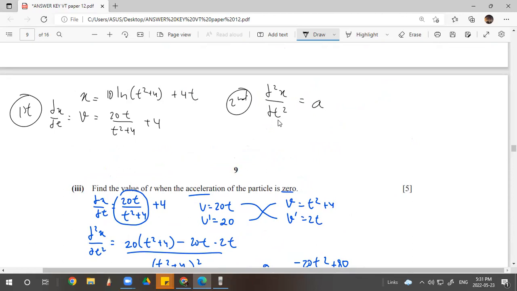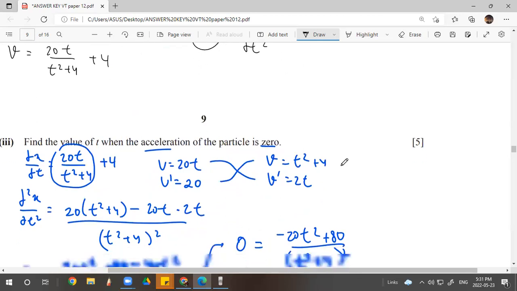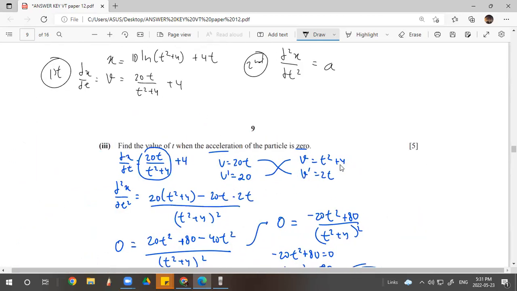You use the formula. So the 4, you can just ignore the 4 because 4 is a constant, right? So what you need to do is try to derive what I circled, using the u over v formula. So if y equals u over v, the y accent, division rule, is u accent v minus u v accent over v squared. So u is 20t, u accent is 20 itself, right?